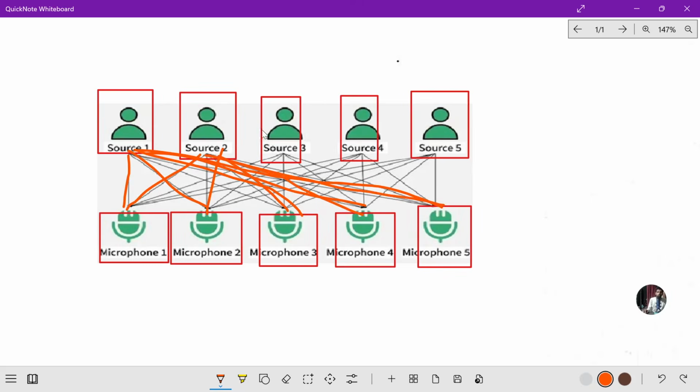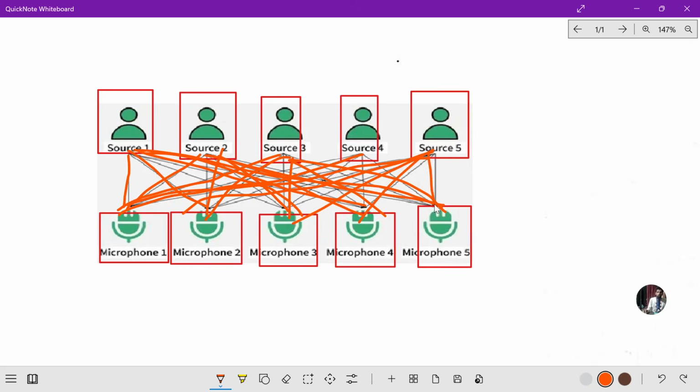Similarly, source 2 is also connected to microphones 1, 2, 3, 4, 5. Source 3 is also connected to 1, 2, 3, 4, 5. Source 4 also will be connected to 1, 2, 3, 4, 5. Source 5 is also similar.